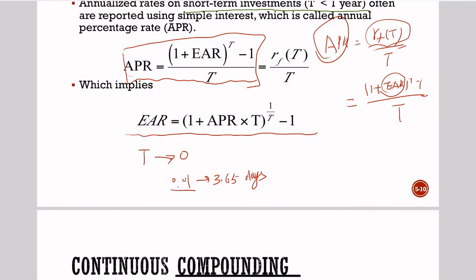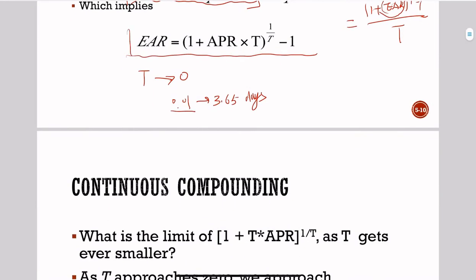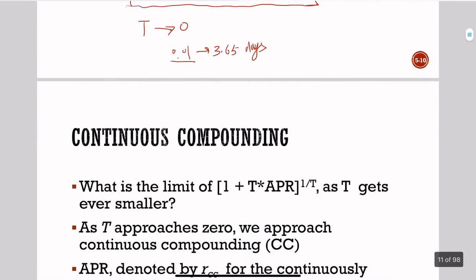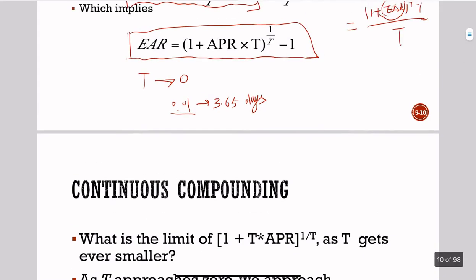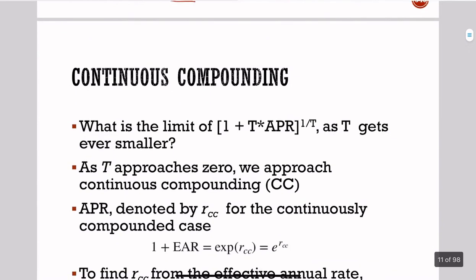And I am thinking, if t approaches 0, it goes to the limit. How will this formula actually look? Well, if you have some math background, you can actually calculate this limit. But now I will just give you the answer.